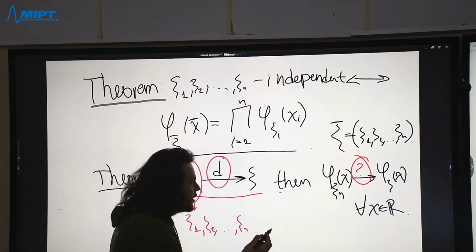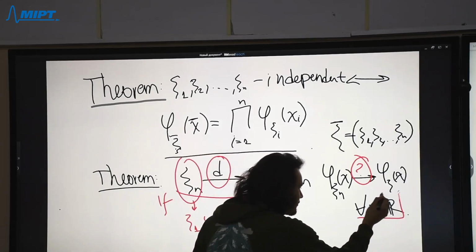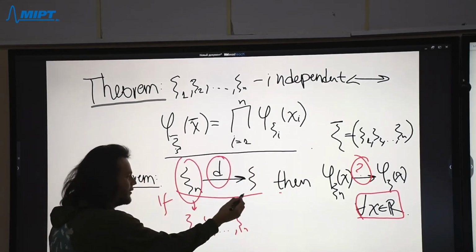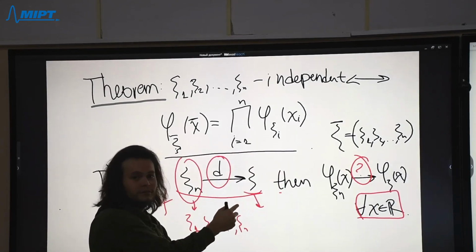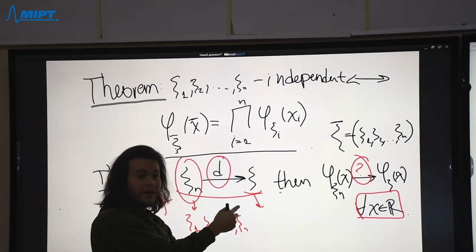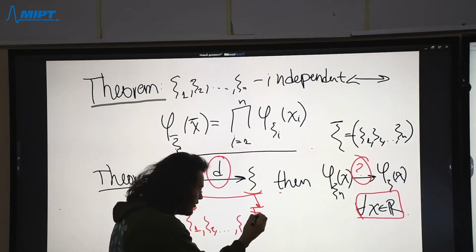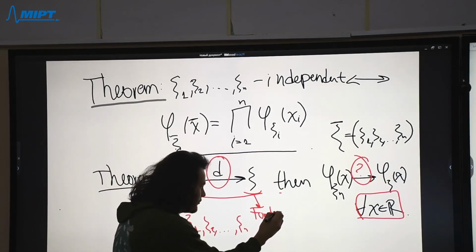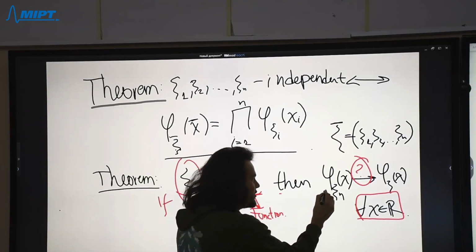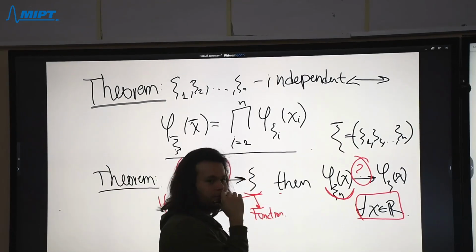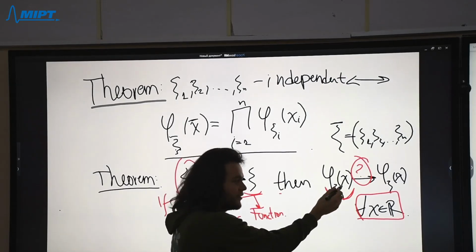So look, the deal is here. What is psi? A random variable, right? What is a random variable? It's a function. What is phi? This is the characteristic function on x.